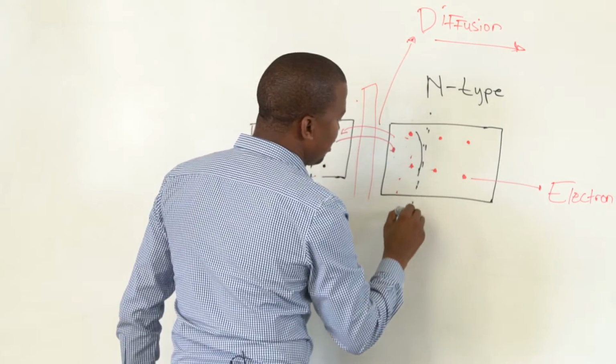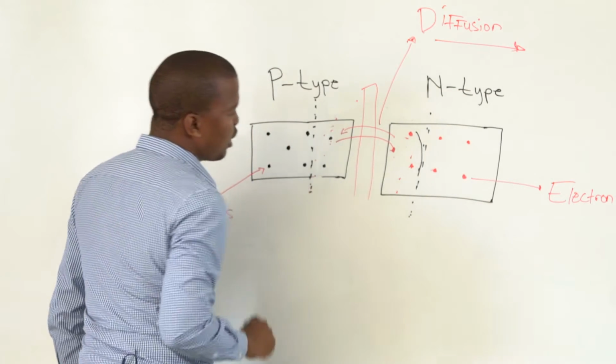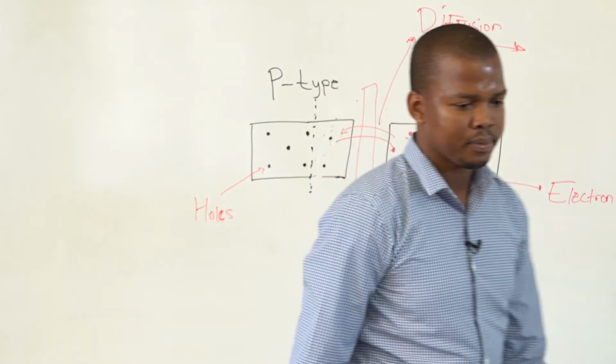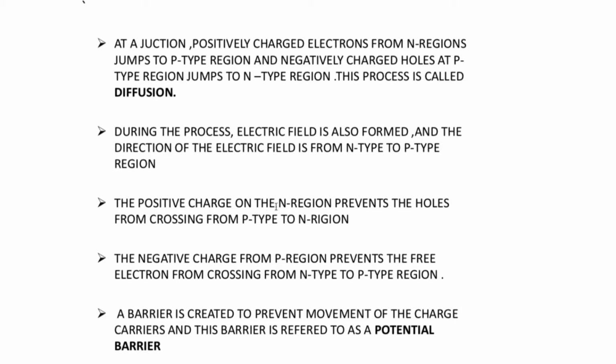A layer will be created here. The positive charge on the N region prevents the holes from crossing from P-type to N-type. The negative charge from the P region prevents the electrons from crossing from N-type to P region.